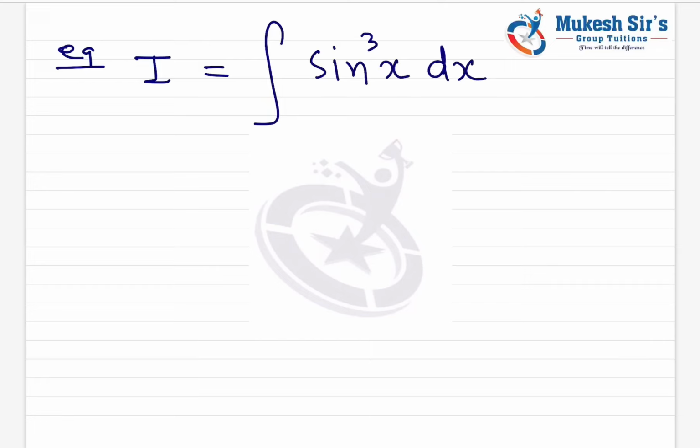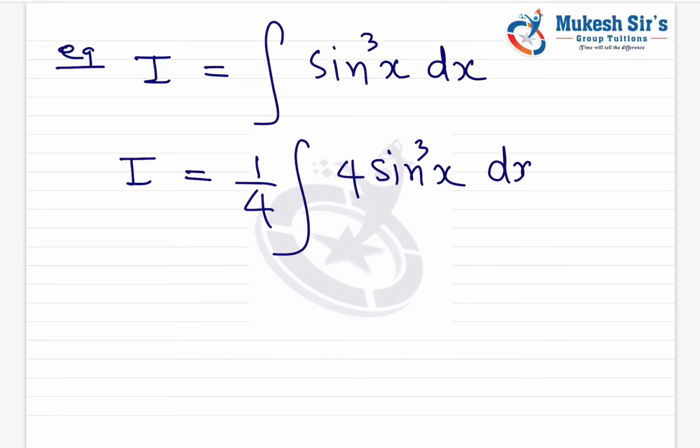So let's solve one question of this. Let's take one example, integration of sin cube x dx. Now for sin cube, multiply and divide by 4. So this becomes 1 by 4 integration of 4 sin cube x dx. Now what is the sin 3x formula?